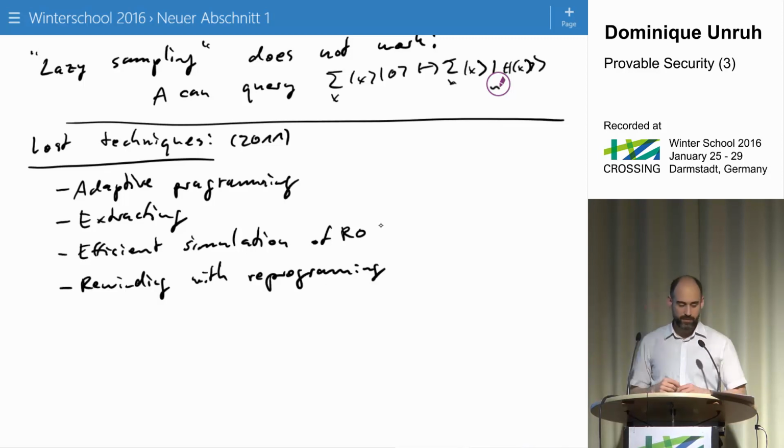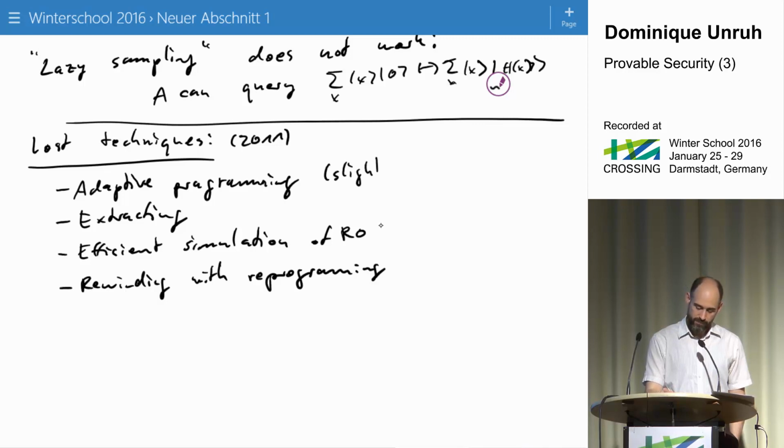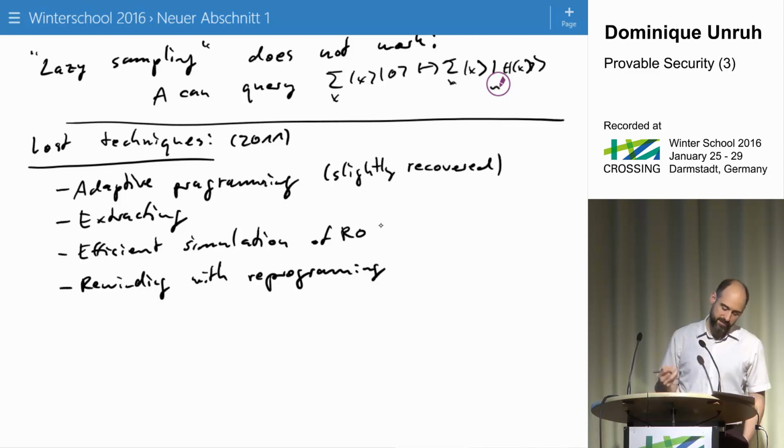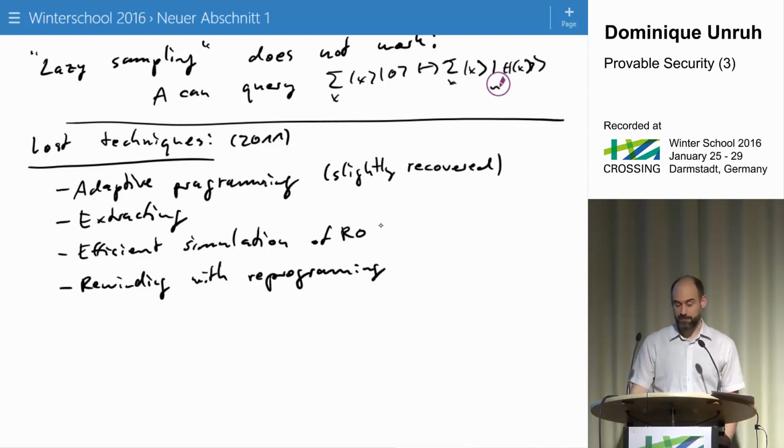So these were the 4 points that were listed in this paper. So let me tell you quickly what has changed. So we have slightly recovered the adaptive programming, so there are specific cases where we can adaptively change the random oracle a little bit, but we still don't have any very general way of doing that.